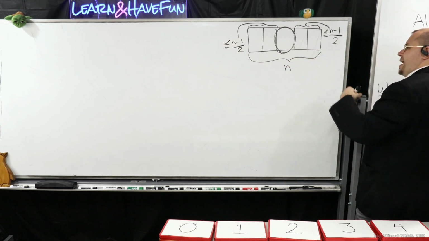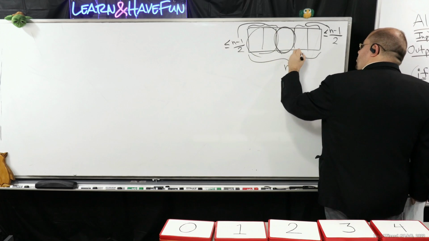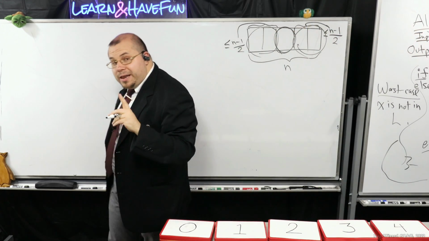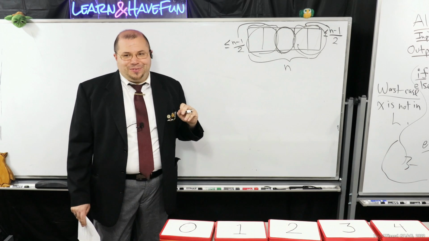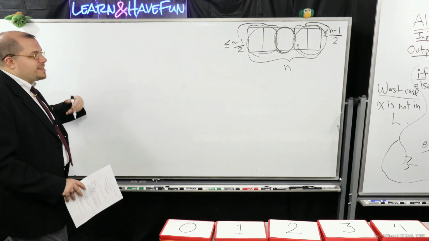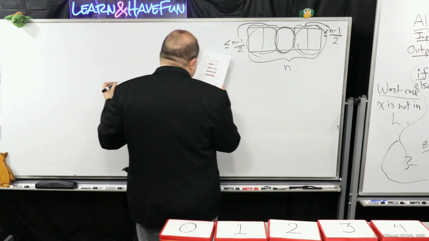So notice that if I have this case, if I'm considering the left half or the right half, the number of elements left for me to look at can never exceed (n minus 1) over 2. Does everybody see that? So this is going to be an assumption I'm going to make in how I formulate this.